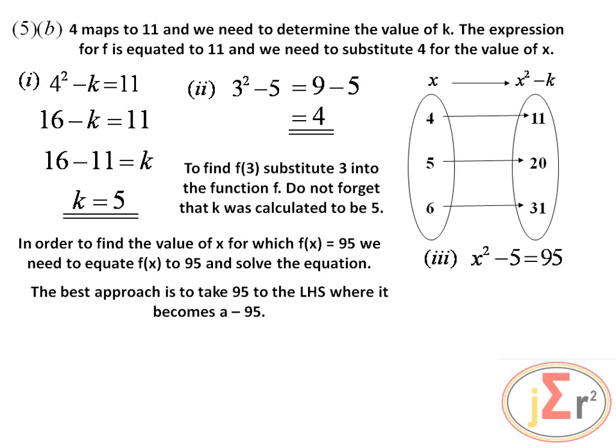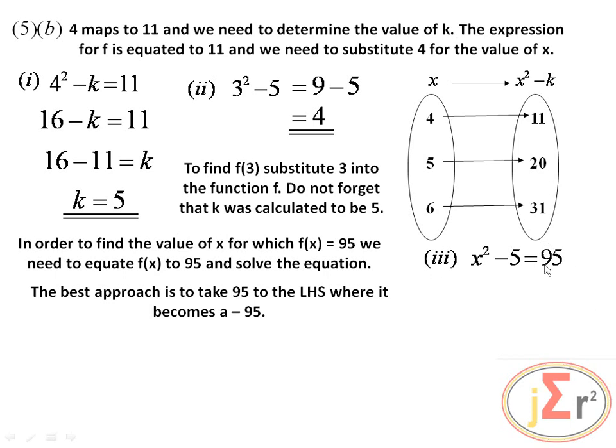Find the value or values of x. The best approach is to take 95 to the left hand side where it becomes a negative 95. Transpose this to the left hand side. I know when some students see this, they are quick to take this one here. That is excellent if in the end you arrive at all of the possible answers.